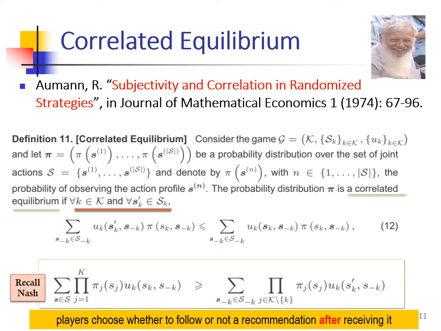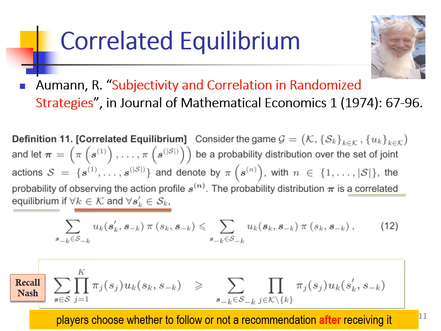This is the strategic form, so I hope you are now familiar with the strategic form. This is the set of players K. This is a set of strategies Sk, right? This is a set of utilities or payoff for every player K. Let pi be the vector, so pi S1 until pi S cardinality of S. This is basically the vector of strategies, right?